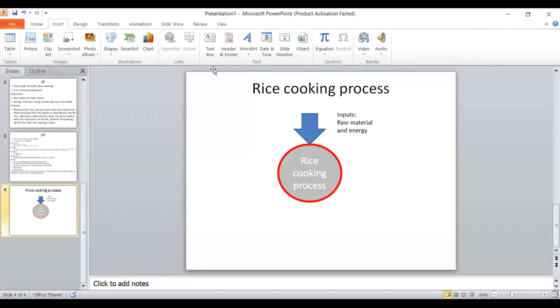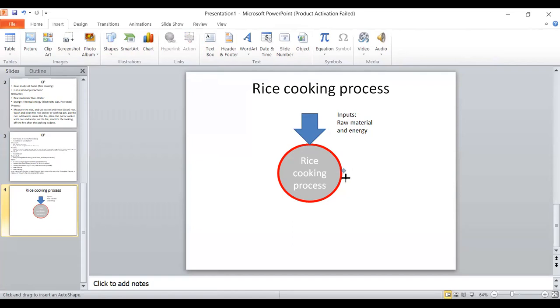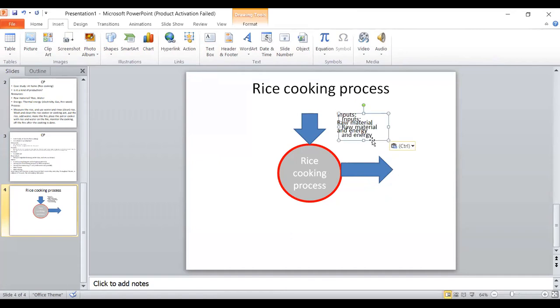And you have your products. I draw this way. So you have products. This can be rice.